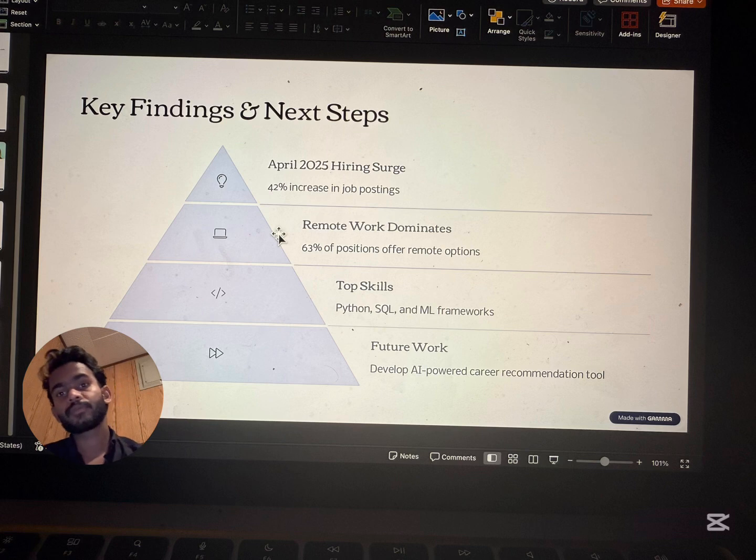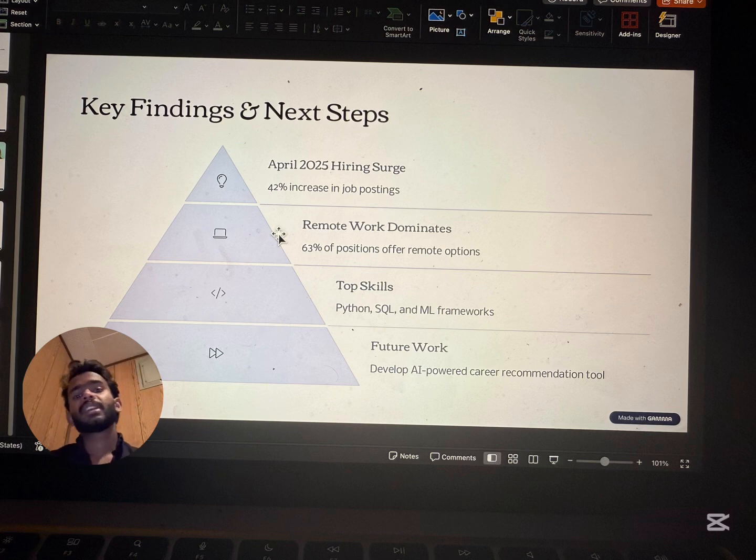This provides clear guidance on the technical skills employers are seeking, and shows they are looking more and more for Python, SQL, and machine learning.